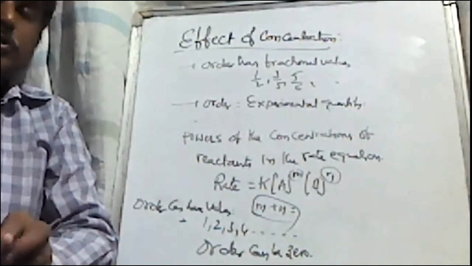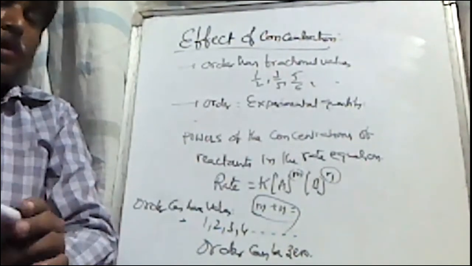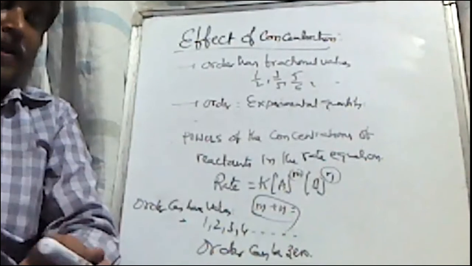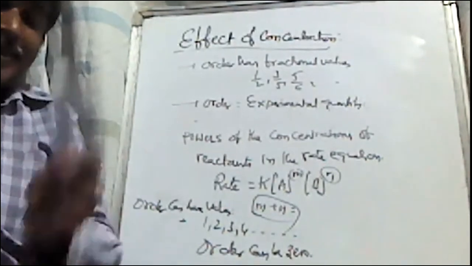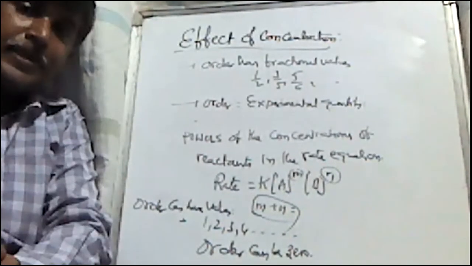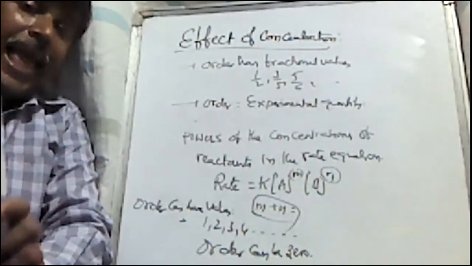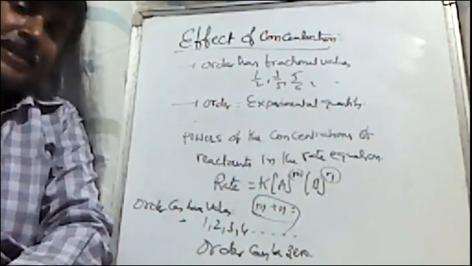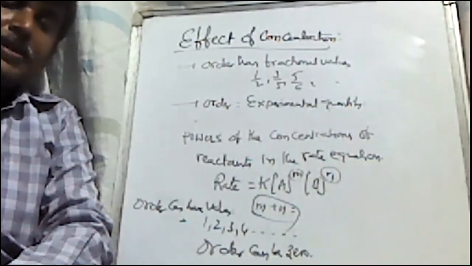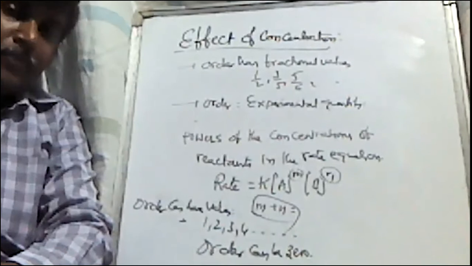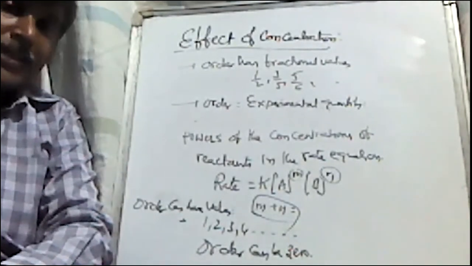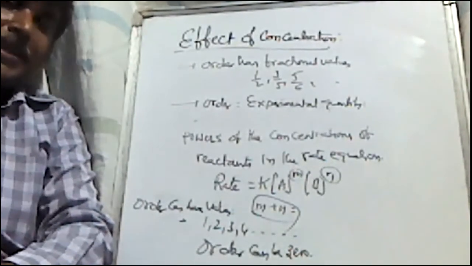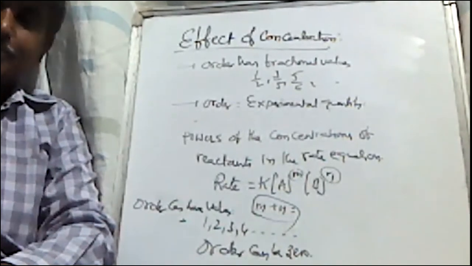It can have fractional values such as 1 by 2, 5 by 6, 9 by 5, 4 by 10, and it is an experimental quantity. That means it cannot be predicted theoretically: by seeing the stoichiometric equation, we cannot say the order is like this.